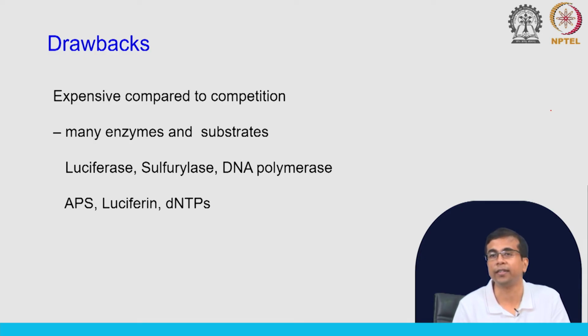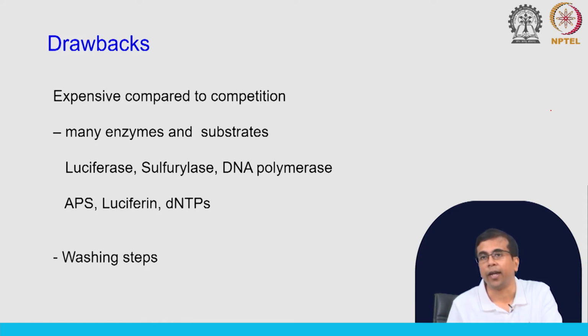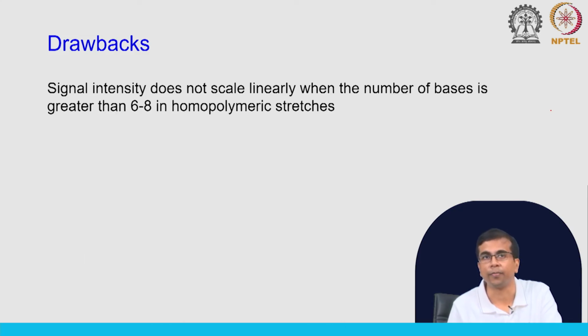All these reagents are quite costly, and on top of that, in every cycle of reaction we are washing away these enzymes and reagents. Which means we need a lot more than is actually required if we did this process continuously. We are losing a lot of these molecules, so that made this process very expensive compared to the competition that we will talk about a bit later. And you had these washing steps, so we utilized a lot of these molecules.